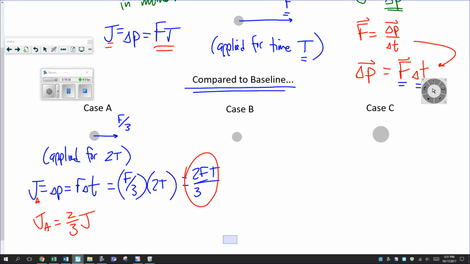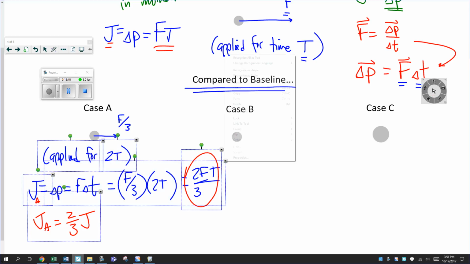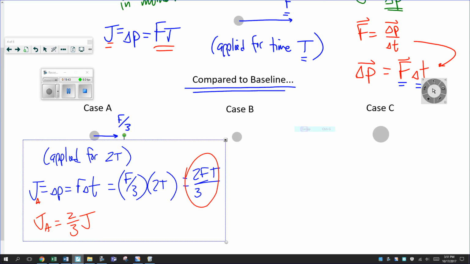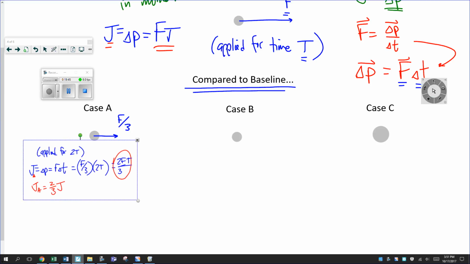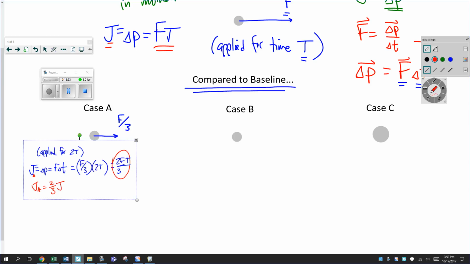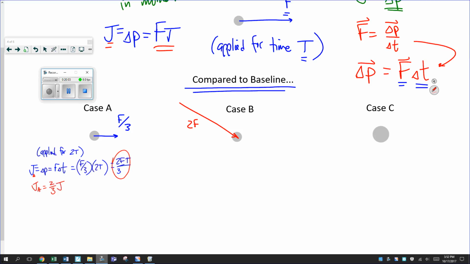What about if we did this? Let's say in this case we do a force like this, let's make it 2F, and let's say this is applied for 3 times as much time.